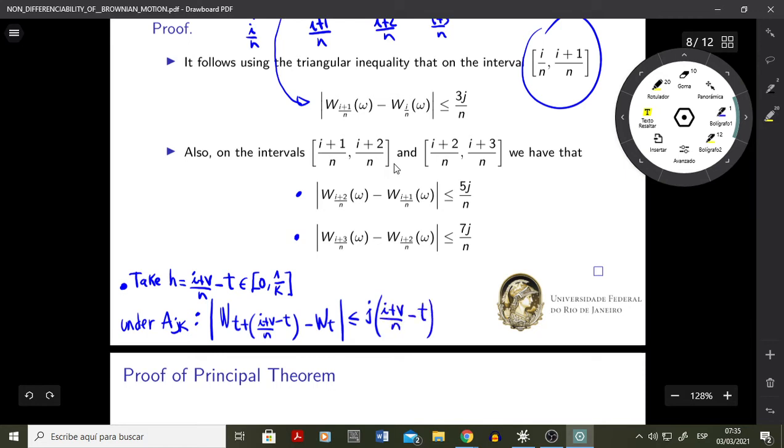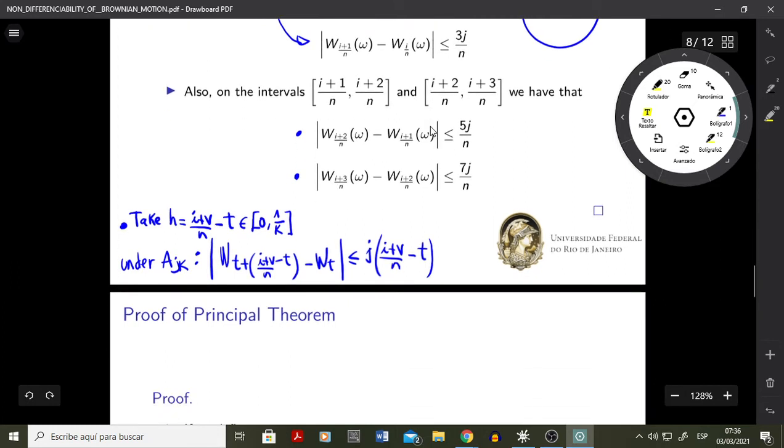Okay. So we have this, that the Brownian motion at I plus nu over n minus the Brownian motion at t is bounded by j. Well, you can bound this with this 1 plus nu over n, and here we have 1 plus nu over n.